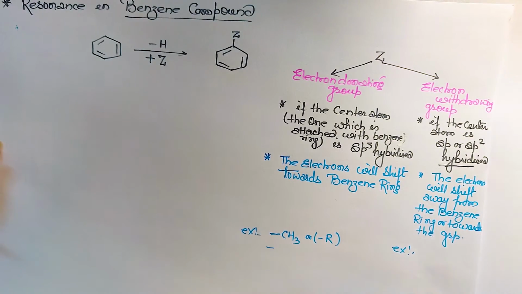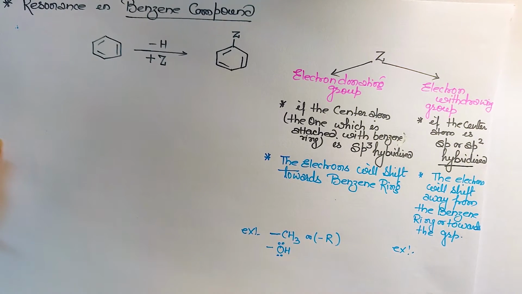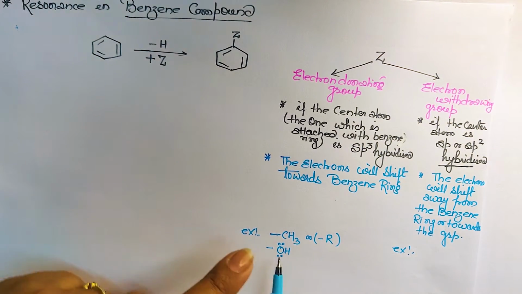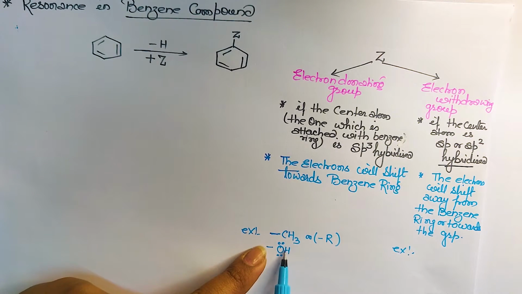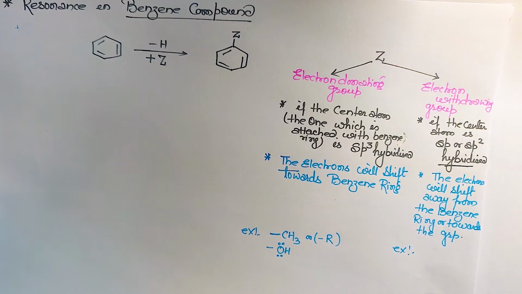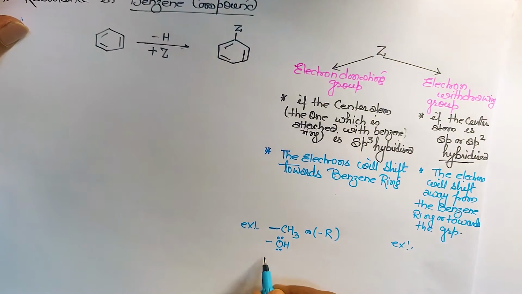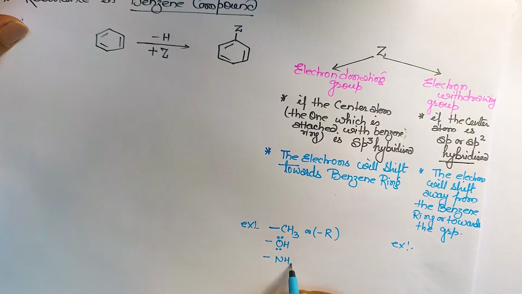Second example, let me take OH. If I'm writing OH, check whether this oxygen is sp3 hybridized or not. Yes, oxygen has one bond with this OH and 2 lone pairs. sp3 hybridized, yes or no? Clear? Very clear? Okay, another example, NH2.